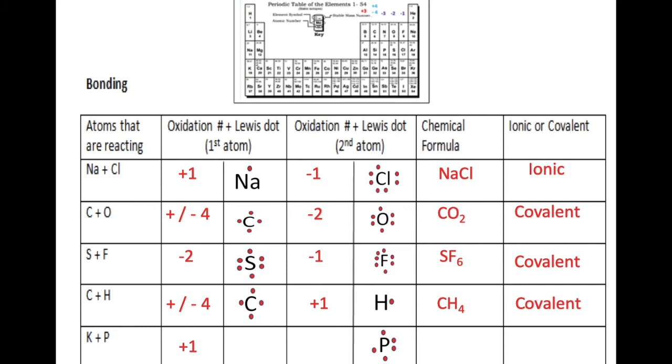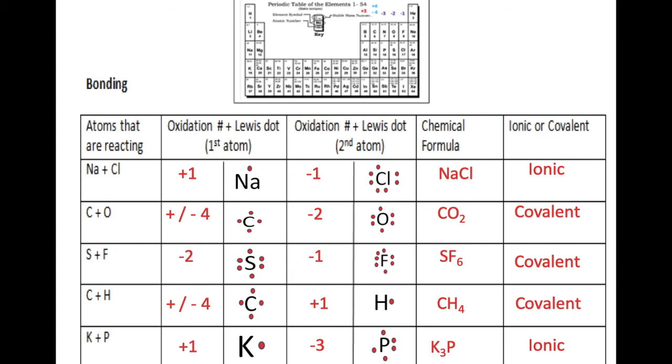Last, we have potassium and phosphorus. We have our oxidation numbers, our Lewis dot structures. This is going to create K3P, potassium 3 phosphorus. We're going to need 3 potassiums in order to match up with our -3 oxidation number of phosphorus. This is an ionic bond.